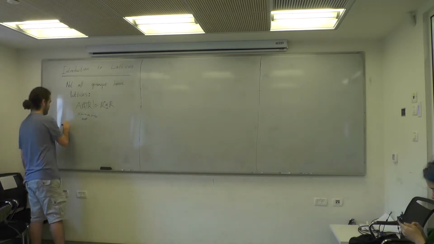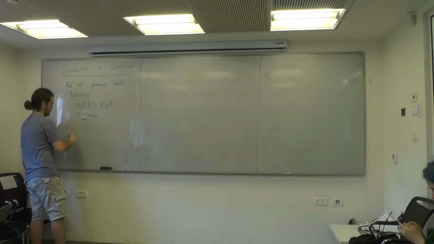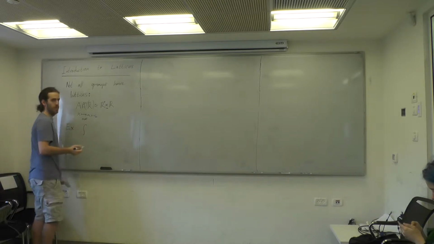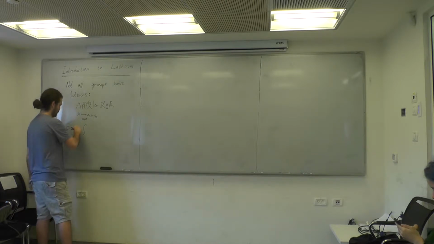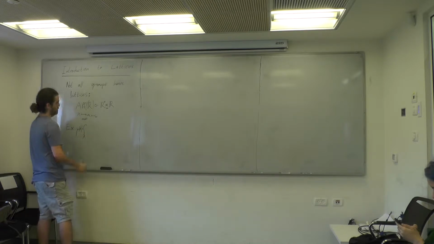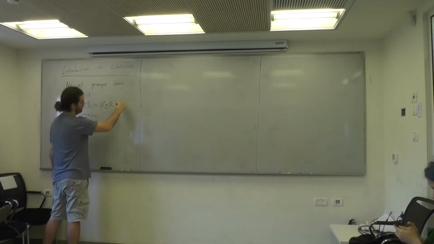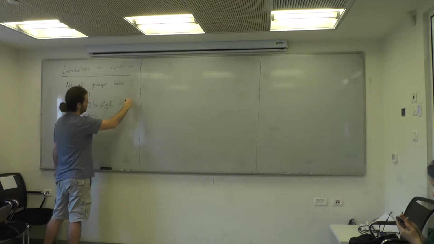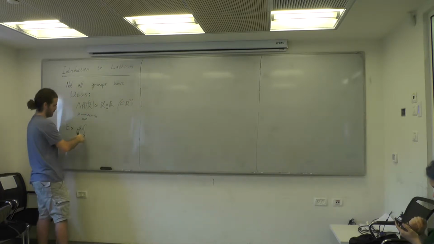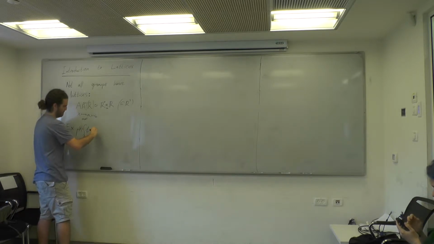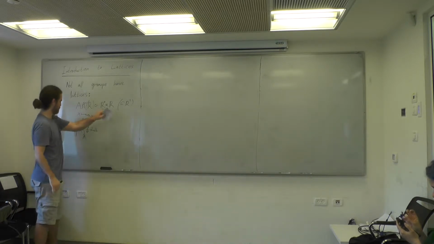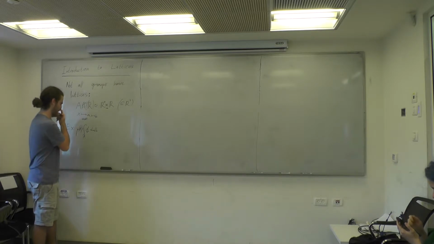So the exercise is to check that the following is a Haar measure, just showing it's invariant to left translations. So mu of A equals the integral over A, thinking of it as living in R2, of 1 over a squared dA dB, where a lives in the first coordinate.